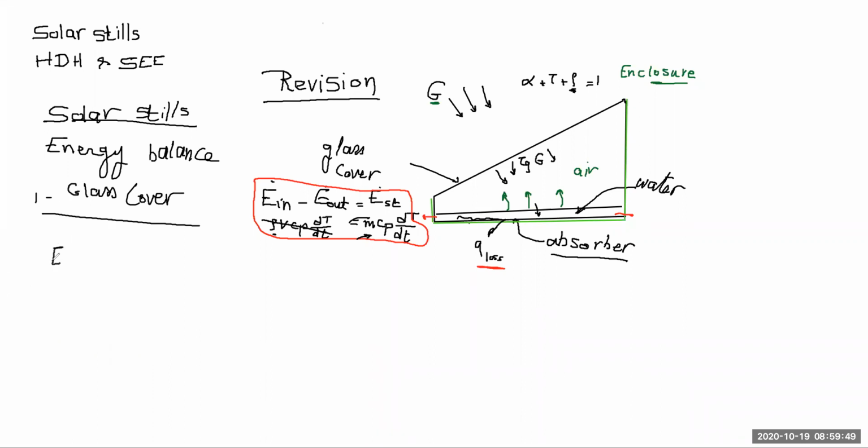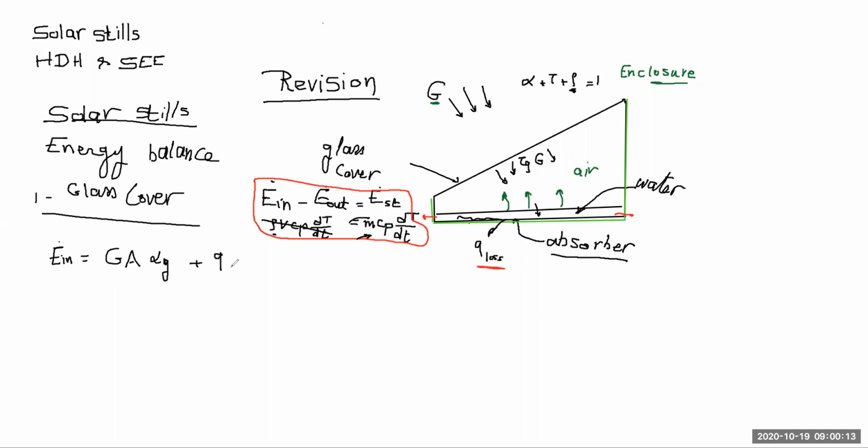The energy into the glass cover, basically, it has energy coming from the sun. So G, which is the irradiation, falling onto the area of the glass. Now I'm talking about the glass itself absorbing energy, so the absorptivity of the glass. Plus, what else? Whatever energy is leaving the water will fall onto the glass.